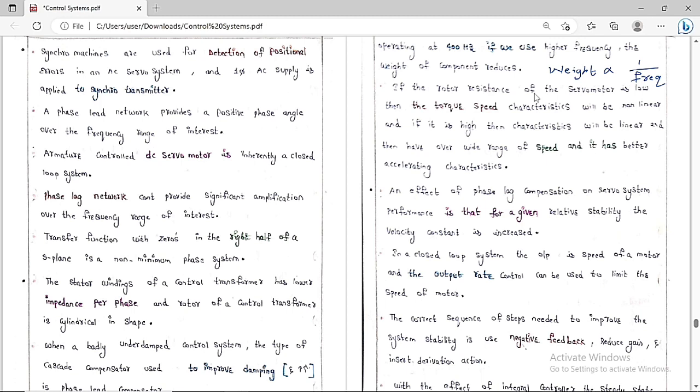If we use higher frequency, the weight of the components is going to get reduced, because weight is always inversely proportional to the frequency.